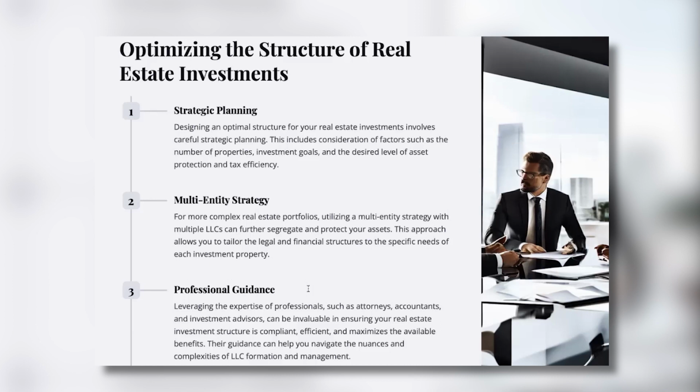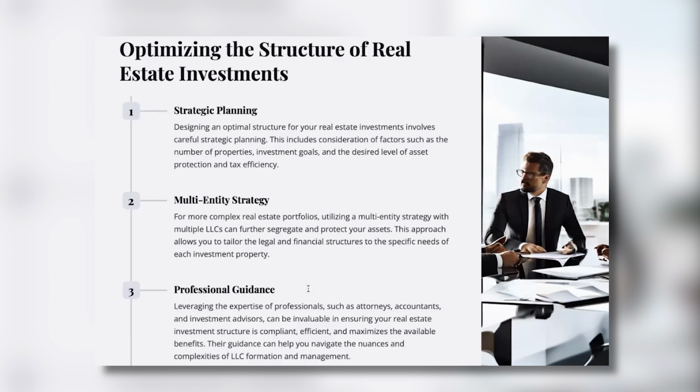And if you are hit with a judgment, they can come after all 3 of those properties. Now, if you had 30 properties and 10 LLCs, you have now segregated that risk and separated those 3 from the other 27 properties. So it's still an effective strategy, but just for cost minimization, if you're in low value properties like that, maybe you want to consider that. So that's one strategy to consider.